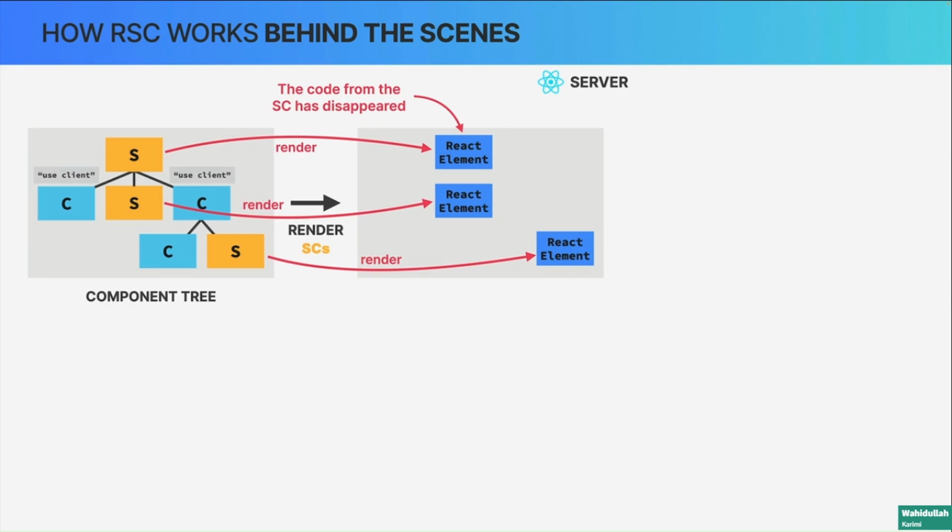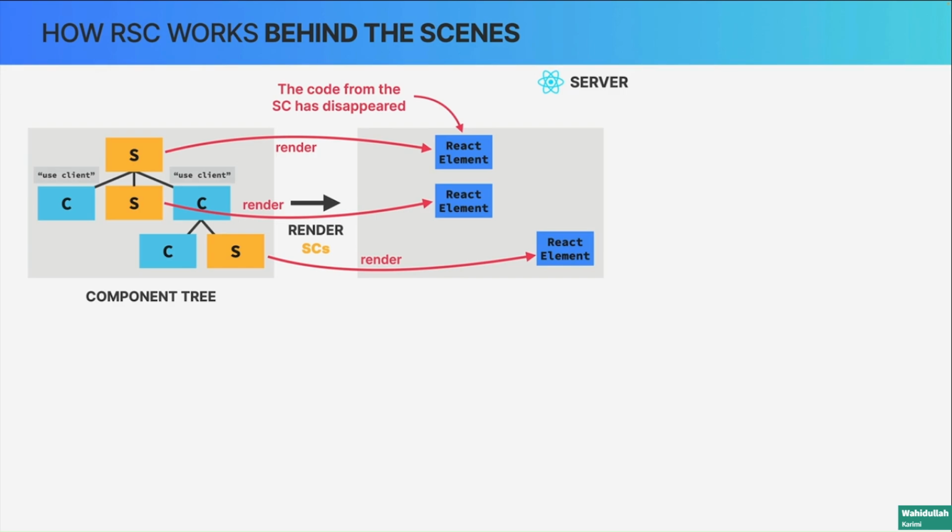Well, this right here is the technical reason why we can't use state in server components. It's because functions like useState or useEffect would just disappear as the component is rendered. And it needs to be this way because these React elements have to be sent to the client later, and so the whole thing needs to be serializable, which functions are not, as we learned earlier.